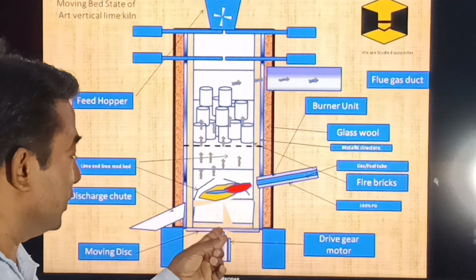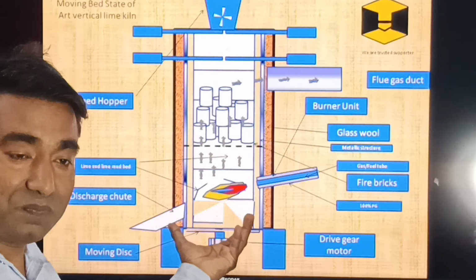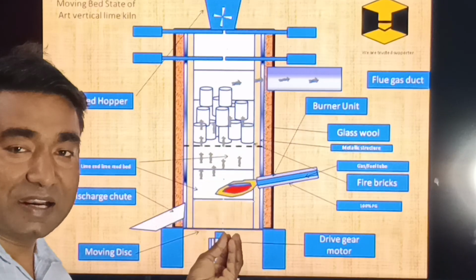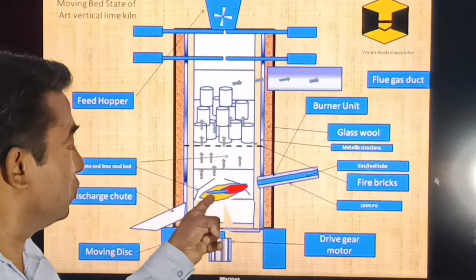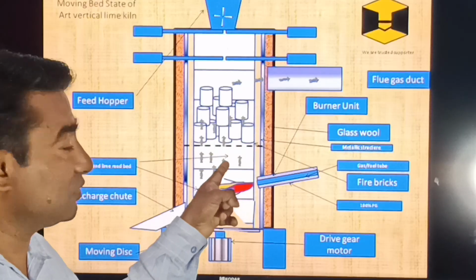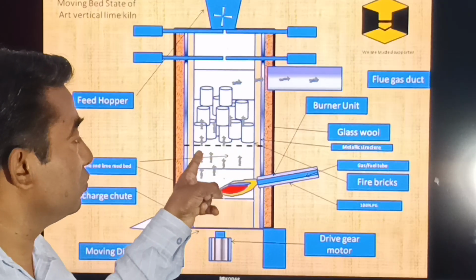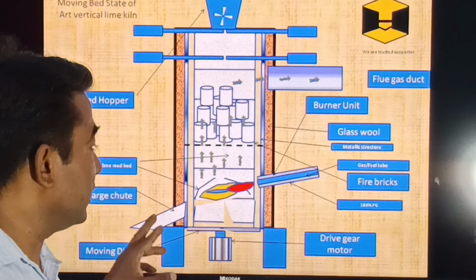A disc is rotating, and over the disc the lime sludge having dryness of more than 85% is fed. If you see, there is a grating, and there is enough path for the CO2 to go directly to the ESP inlet duct.